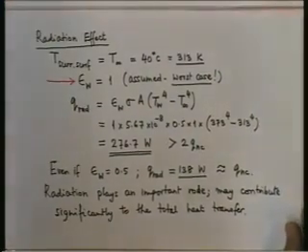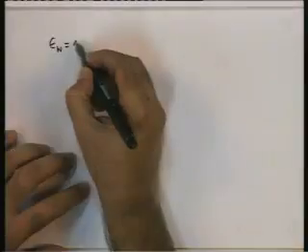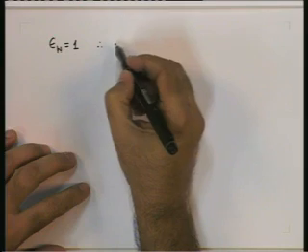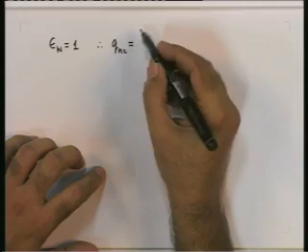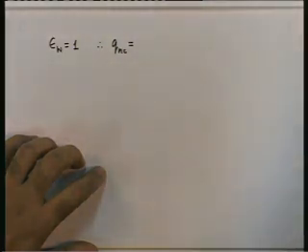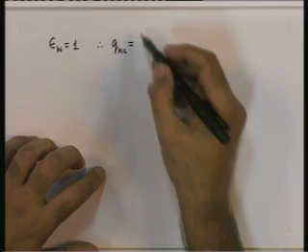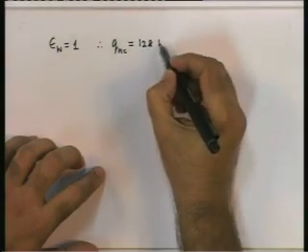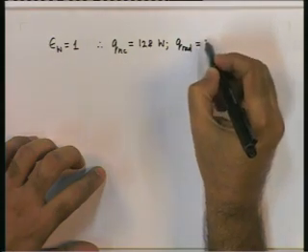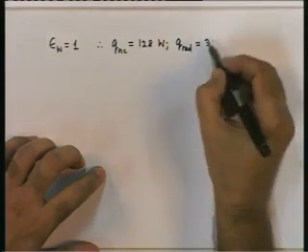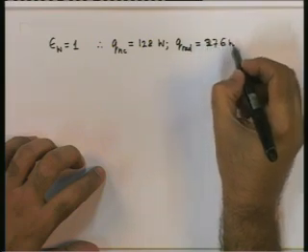Look at this particular case, and in other illustrative examples also we will return to that case. We considered epsilon wall equal to 1. In that case we had Q natural convection to be 128 watt, Q radiation to be 276 watt.